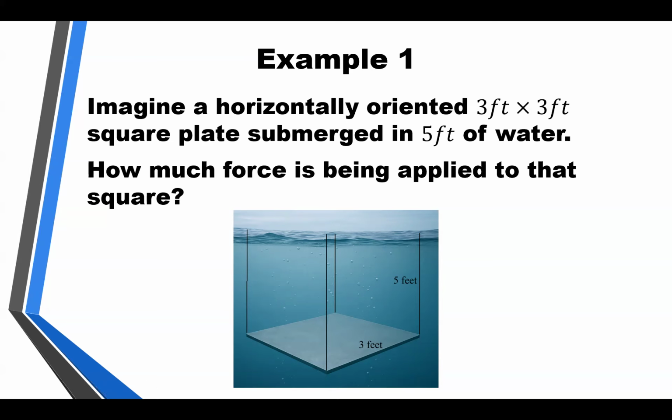Depth here is 5 feet. And then we multiply it times the area. Well, this is a square, so the area is going to be just side times side, which is 3 by 3, which would be 9 square feet.